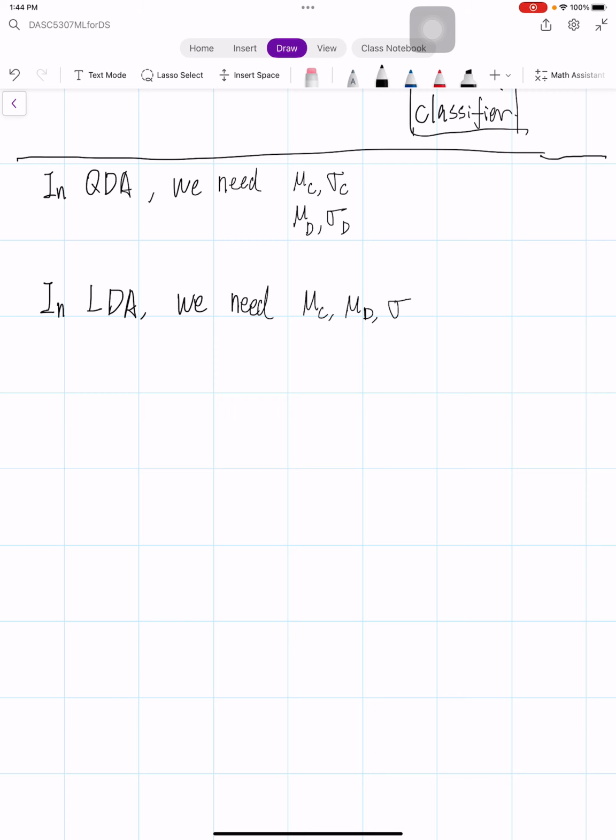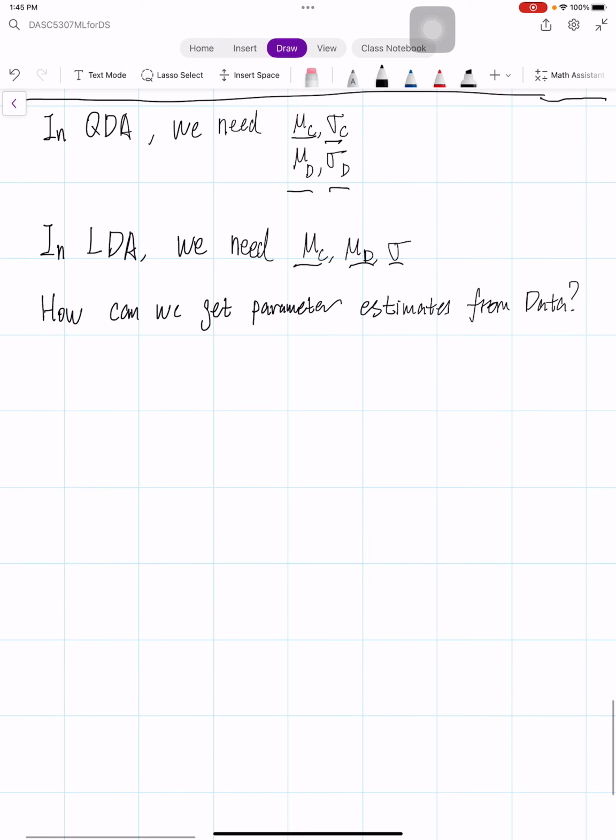Okay, but now the question is, how do we get these numbers from the data? How can we get parameter estimates from data? So that's another technique we need here. I'm going to introduce it in this short video. It's a very popular technique, famous in statistics.